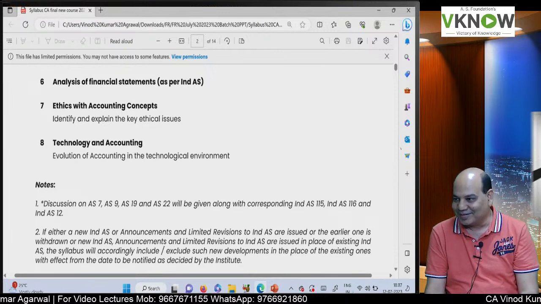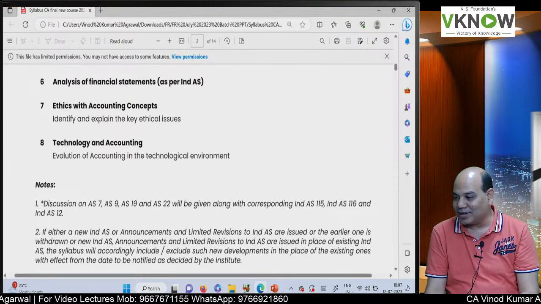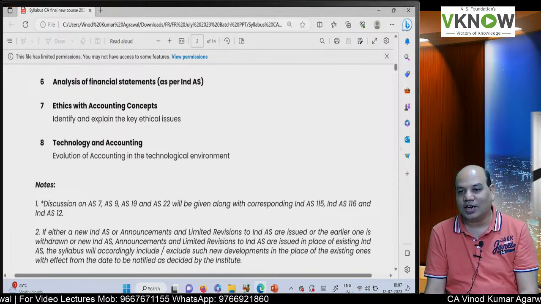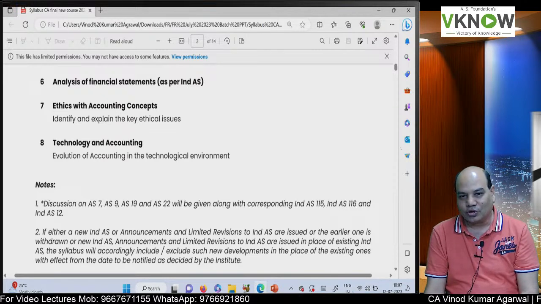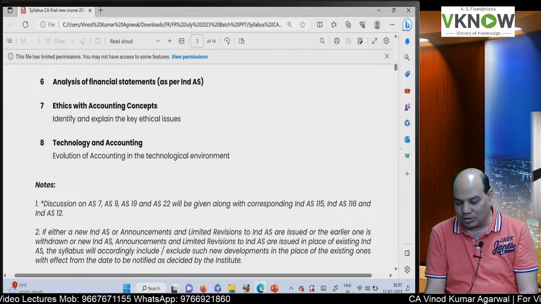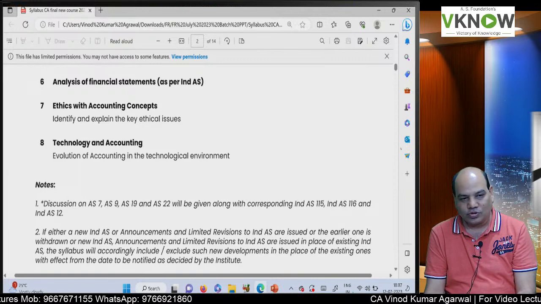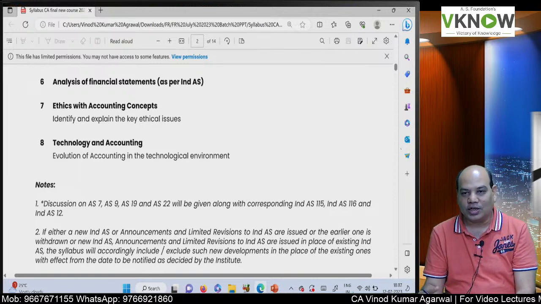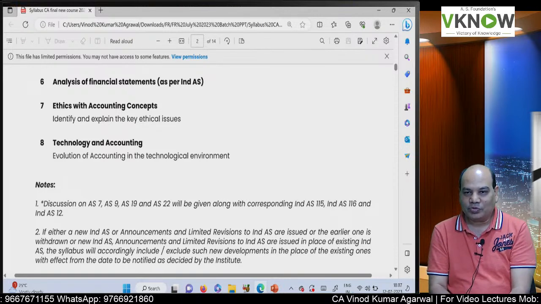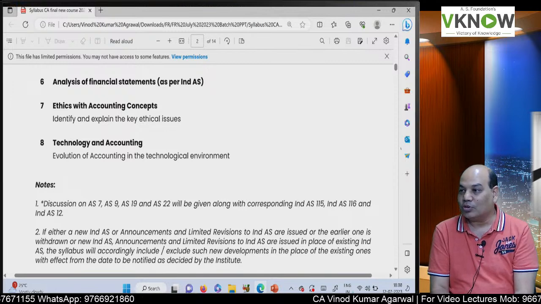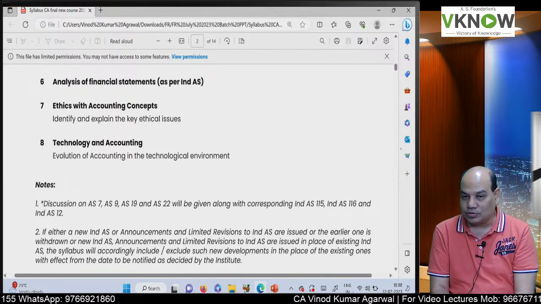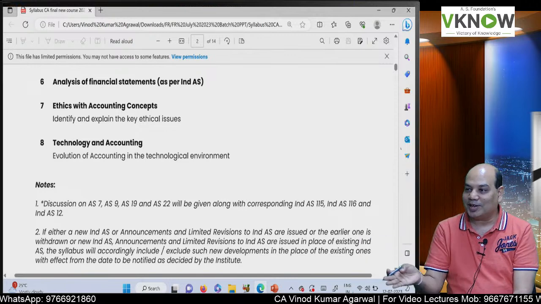Yes, auditing. And the last topic they have added is technology and accounting. Again a theory topic, evolving of accounting in the technological environment. So basically how the new technology, artificial intelligence, machine learning, are going to affect your accounting also. All of you will become outdated soon.